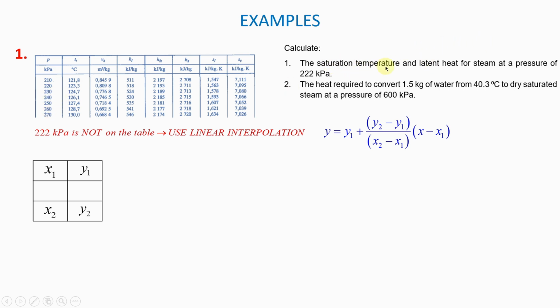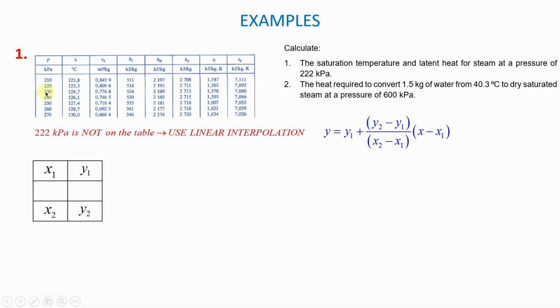Like in this case, since we've been told that we need to find the saturation temperature and we have the pressure of 222, we will look at these two columns. You can see that the pressure for which we're trying to find the saturation temperature is 222, but 222 kilopascals is not in the table.